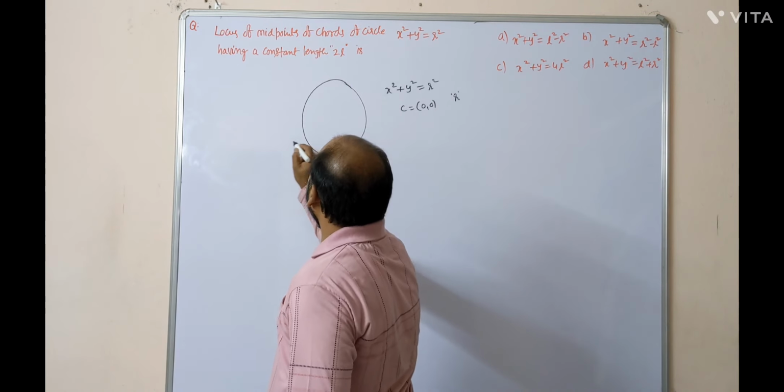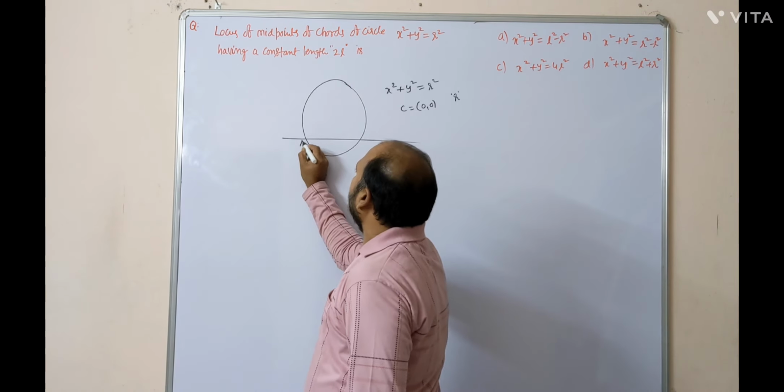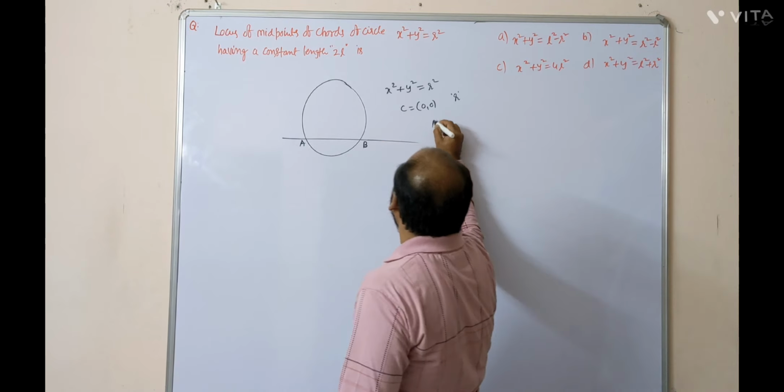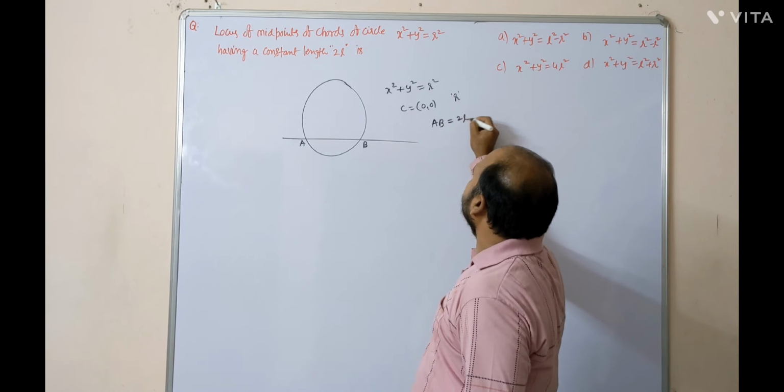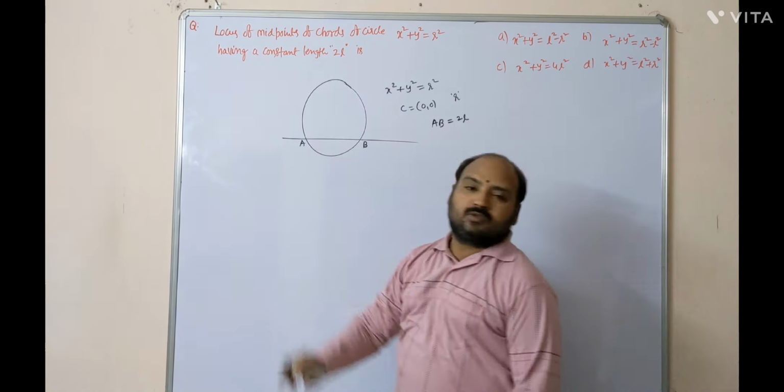The locus of midpoints of the chord is asked. This is chord AB, whose length is AB equal to 2l units. I am taking the midpoint of the chord as P of h comma k.